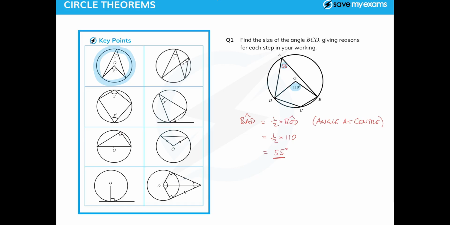Now, does that allow me to find BCD? Yes, it does, because now I have this shape here, which is a quadrilateral with all 4 points on a circle. In other words, it's a cyclic quadrilateral, and opposite angles in a cyclic quadrilateral add up to 180. So the angle BCD, which is what I'm trying to find, will be 180 minus the angle BAD.